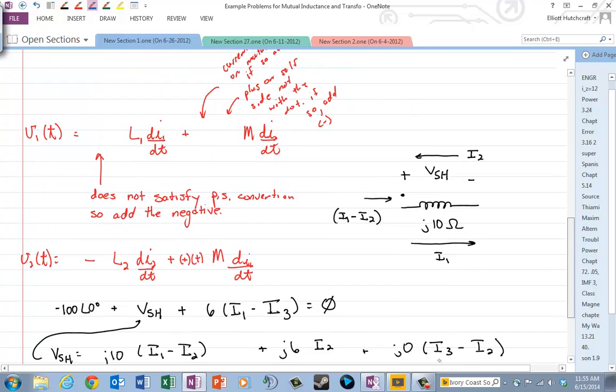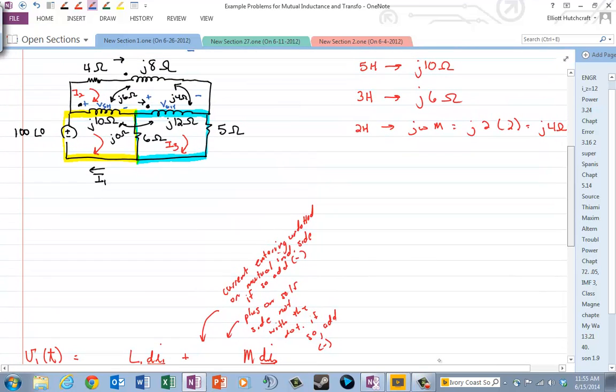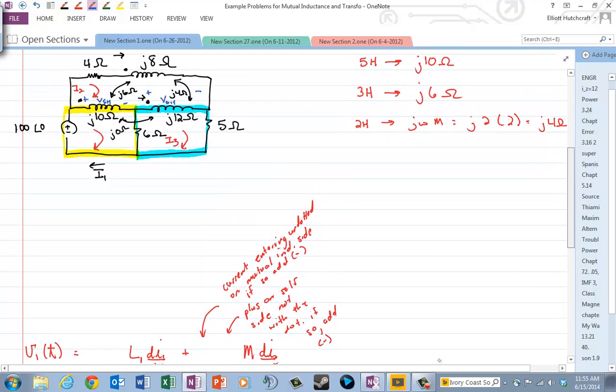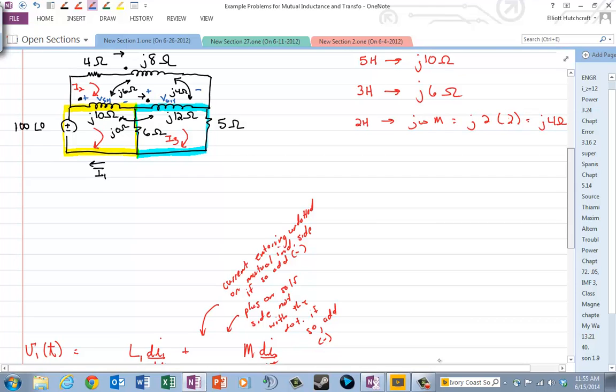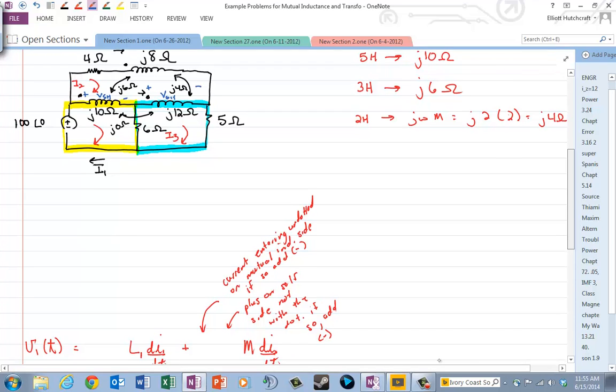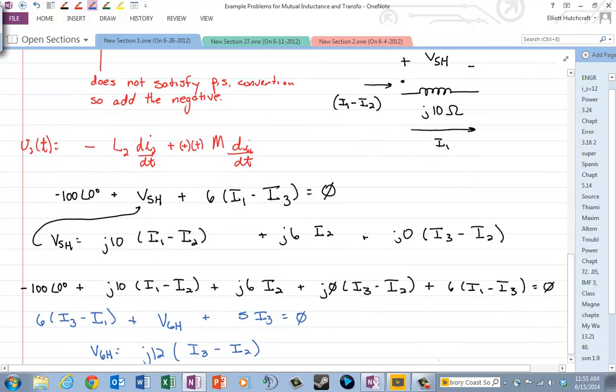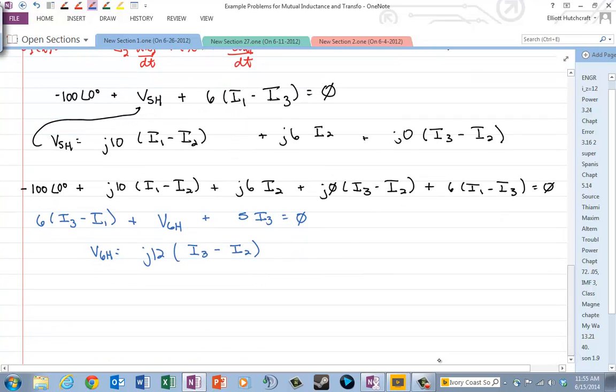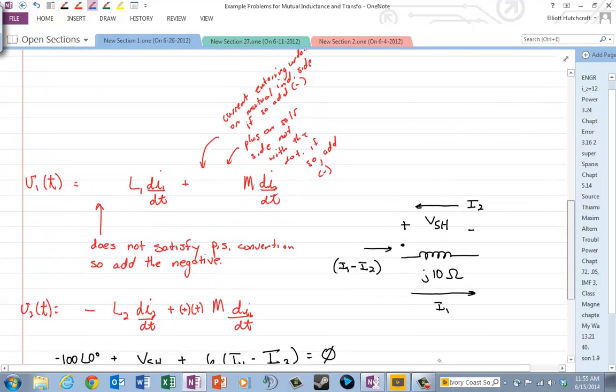Okay, now I've got the mutual terms that I've got to get, and the mutual term with the J4 mutual inductance between the 6 Henry and the 4 Henry above it. Okay, that will be J4. So maybe I shouldn't put J4 yet. I'll just put J4, not put the plus yet, excuse me.